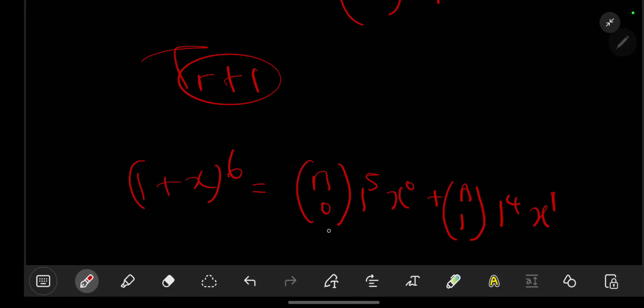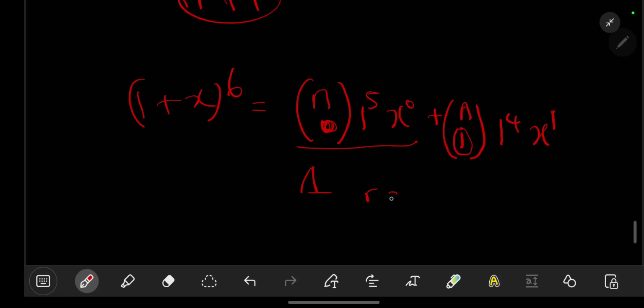So you can see that this one is the first term and its r is 0. This is the second term and its r is 1. So first term, r is equal to 0. Second term, r is equal to 1. So from this you can establish that r is one less than the term number, not necessarily n minus 1, but the position. So the term number minus 1 will be equal to your r, like that.